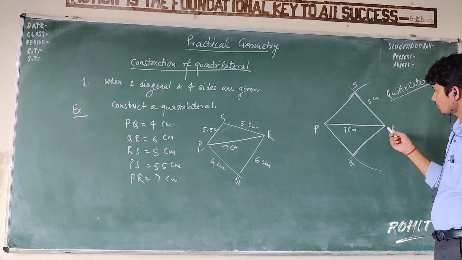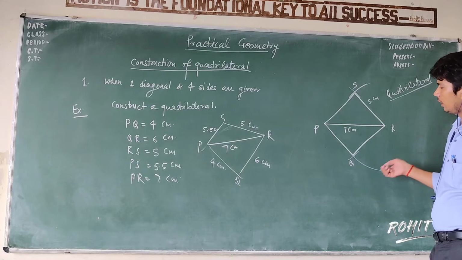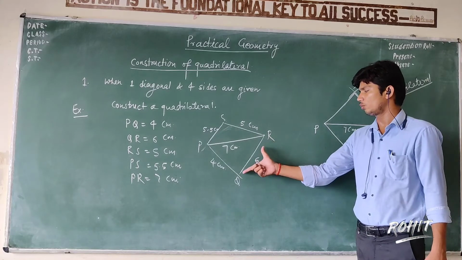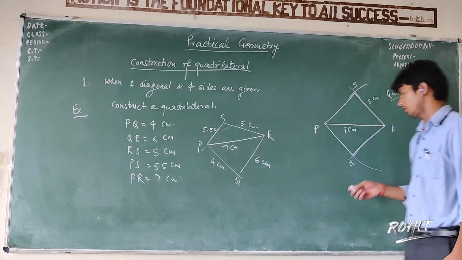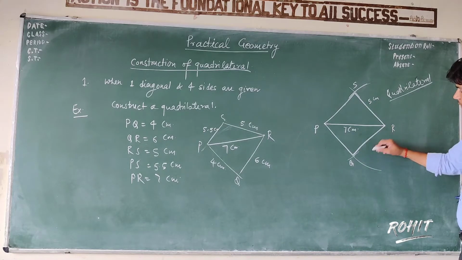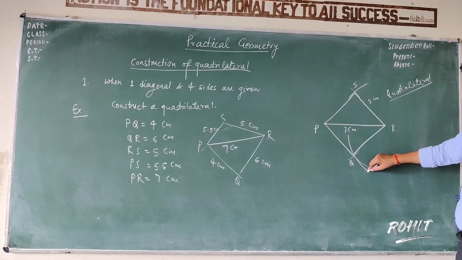Again with the same center, take QR 6 centimeter length in the compass and draw an arc here.